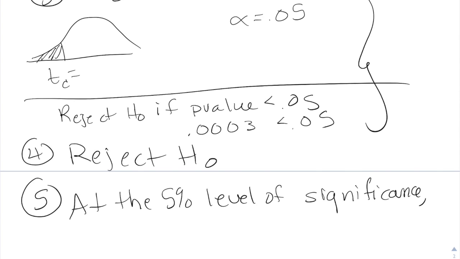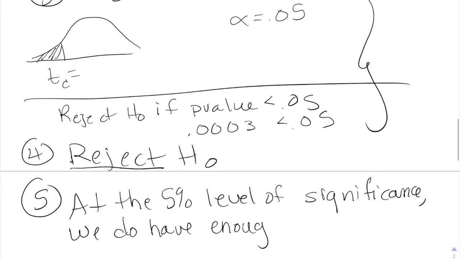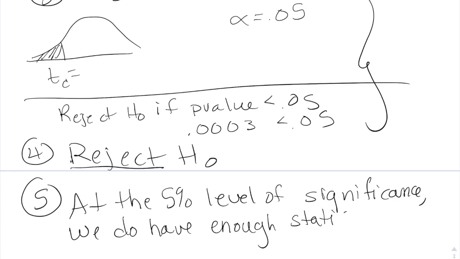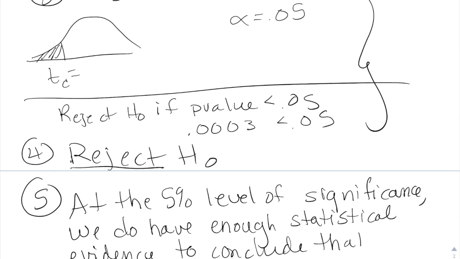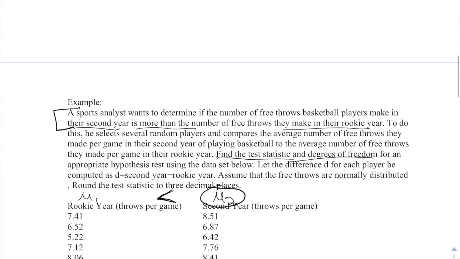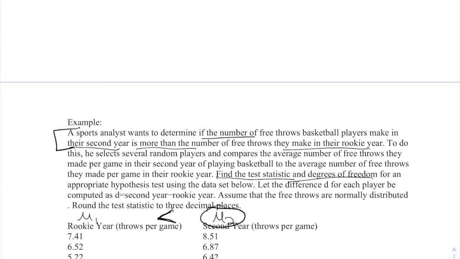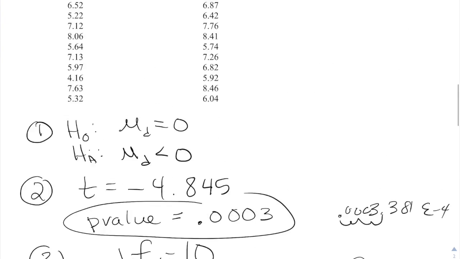we do or do not have enough statistical evidence. Okay, since we rejected, we do have enough statistical evidence. Remember, we only say we do not have enough statistical evidence if we did not reject. To conclude that, and I got to go back up to the problem here, I was testing the number of free throws for basketball players made in their second year is more than the number in their rookie year.